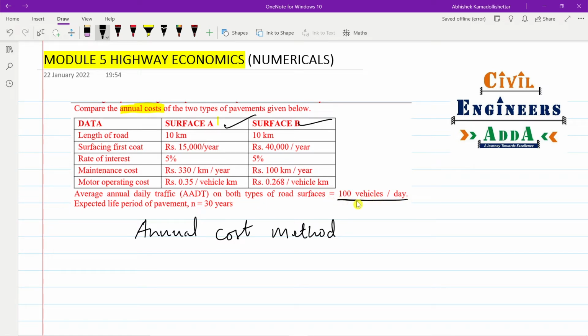The expected period, the design life of the pavement, is 30 years. So let's start our solution.